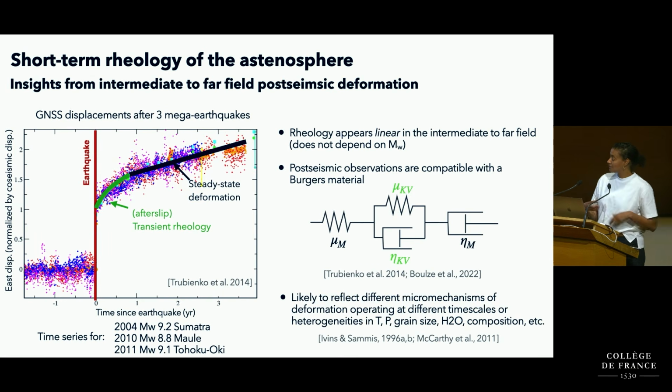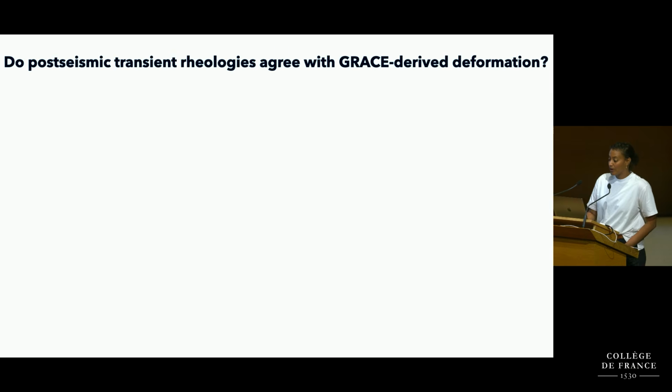And those can be related to different micromechanisms of deformation that can operate at different timescales, or various heterogeneities in temperature, pressure, grain size, water content, compositions, and so on. And what we need now is to understand if the values that we get for post-seismic rheologies, transient rheologies, are compatible with what we derive from the seasonal deformation of the Earth.